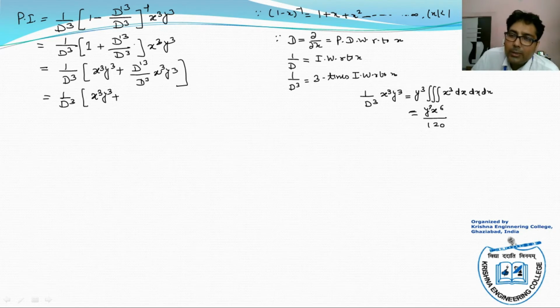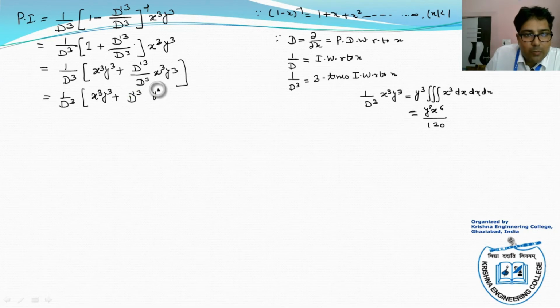Integrate x cubed: x to the power 4 by 4, again integrate x to the power 5 by 5, again integrate x to the power 6 by 6. This becomes y cubed x to the power 6 upon 120. So this becomes D dash cubed, this is the integration of y cubed x to the power 6 upon 120, clear?